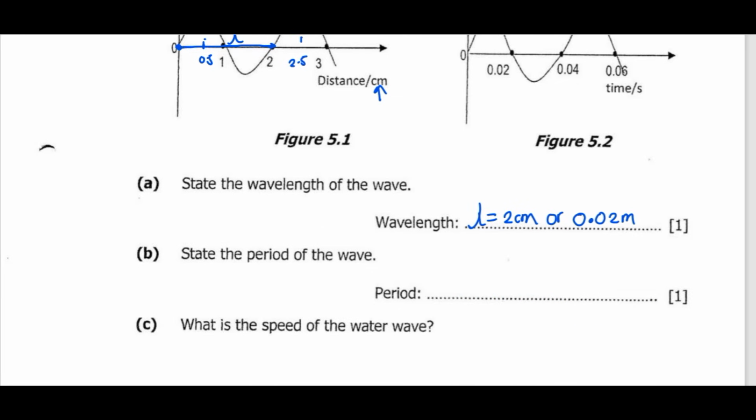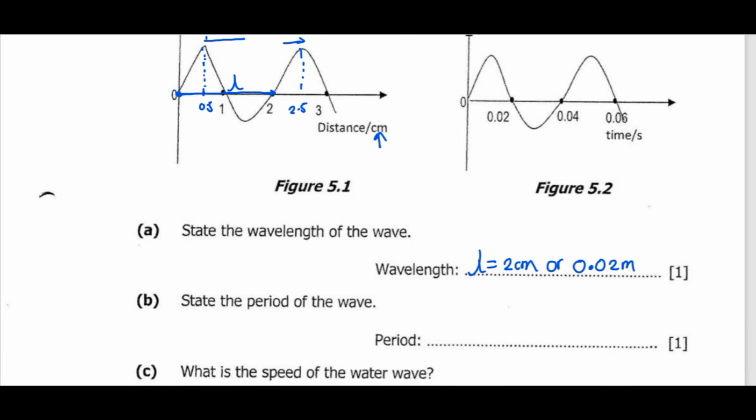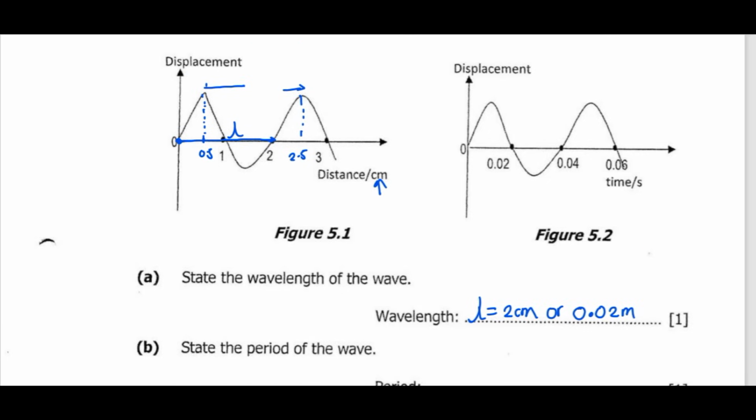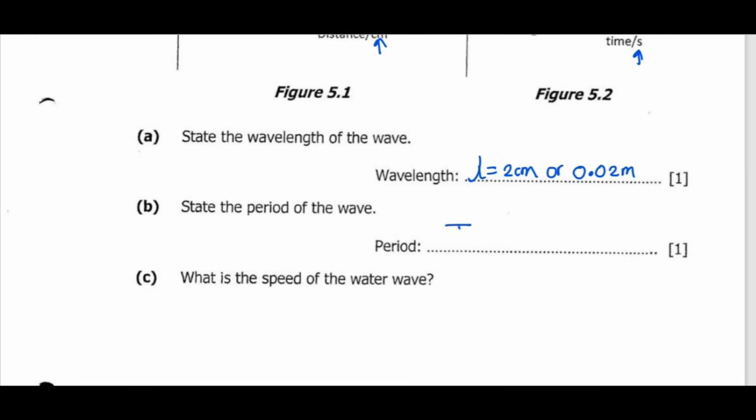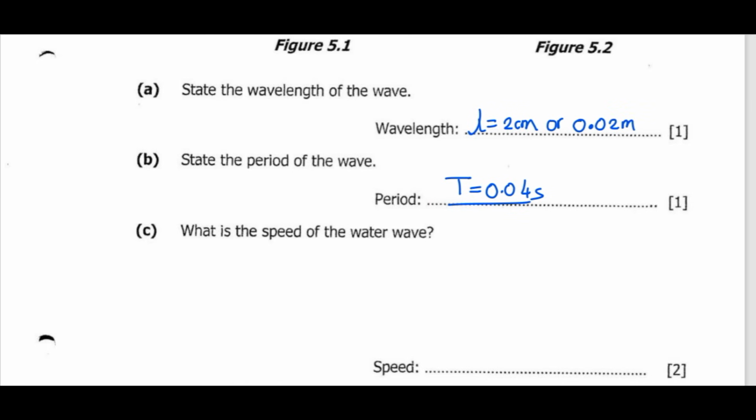Then state the period of the wave. For the period we use figure 5.2 because we can see we have time. So the period is the time from here up to here. What number is here? 0.04. Remember, period is the time taken to make one complete oscillation. Then what is the speed of the wave? So speed is equal to distance over time.